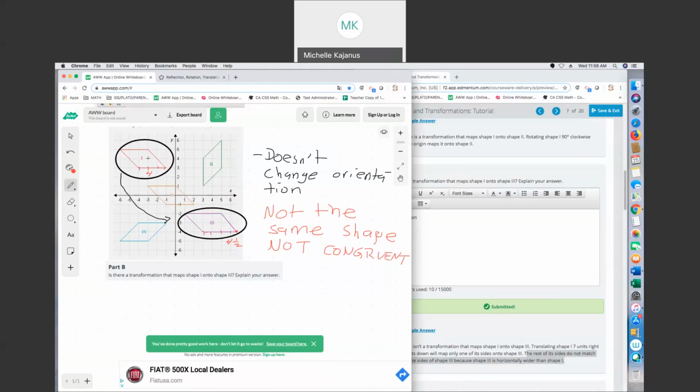So it doesn't matter what I do to shape 1 to try to match this one. It's not the same shape. In this case, we cannot find any transformation that will map to this one. And this, I would put like a little star here, just to note this is going to be important. Important. Keep in mind.